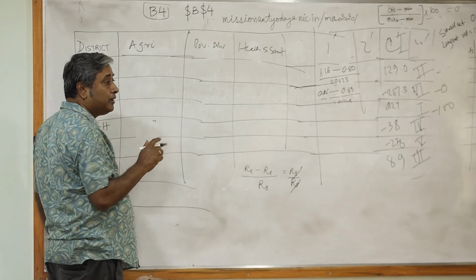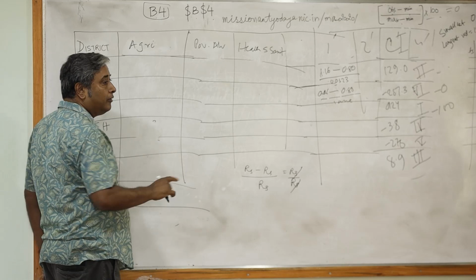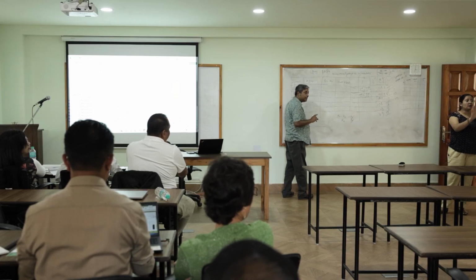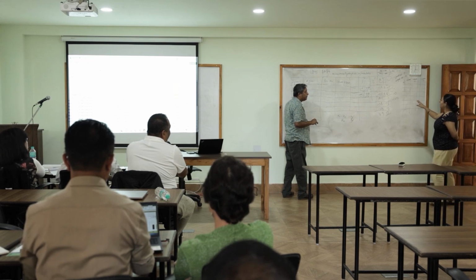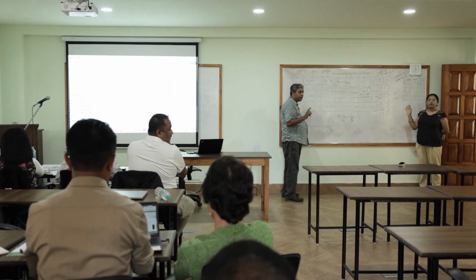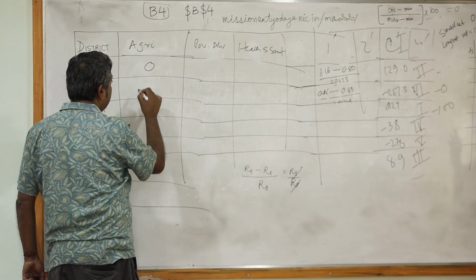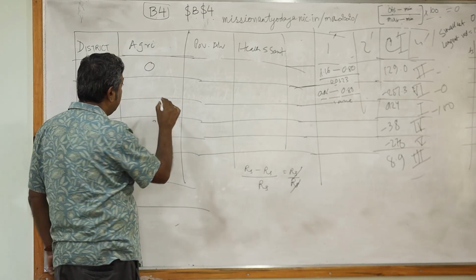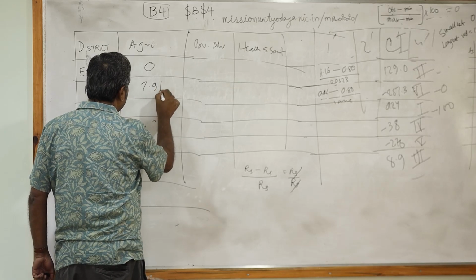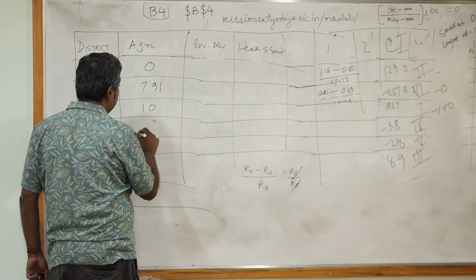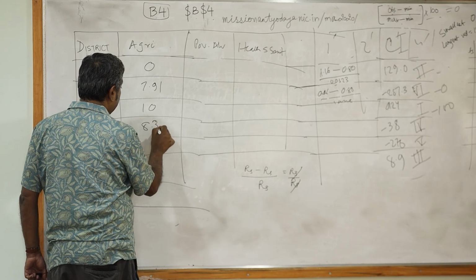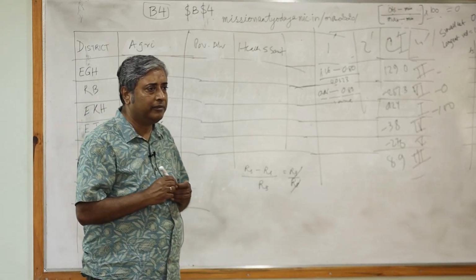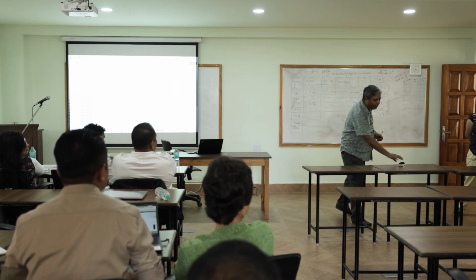The first one. For East Garo Hills. 0? The final composite index score that you have just scaled between 0 and 100. I want the scale value of your composite. 0. Then? For Ri Bhoi? No, everybody is scaling to 1 to 100.